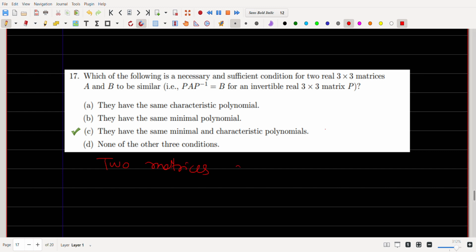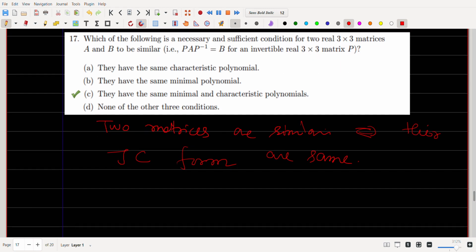Simply, two matrices are similar if and only if their JC form is the same. That means Jordan canonical form. JC form is the same, not similar, the same. Fine.